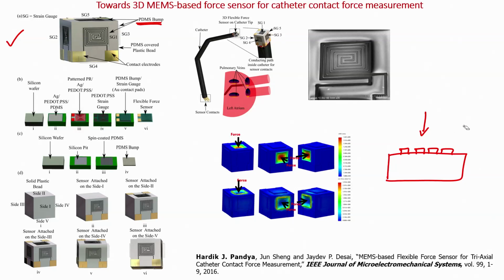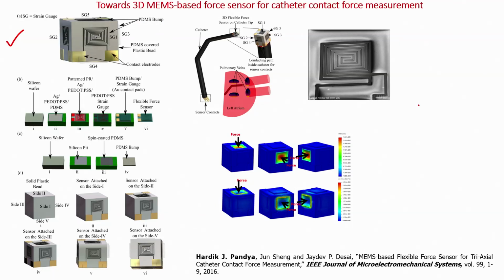If I use a bump and apply a pressure, then it will transmit to all the area; a uniform transmission of the force can happen. So, the PDMS bump can be used for transmitting the force onto the strain gauge.